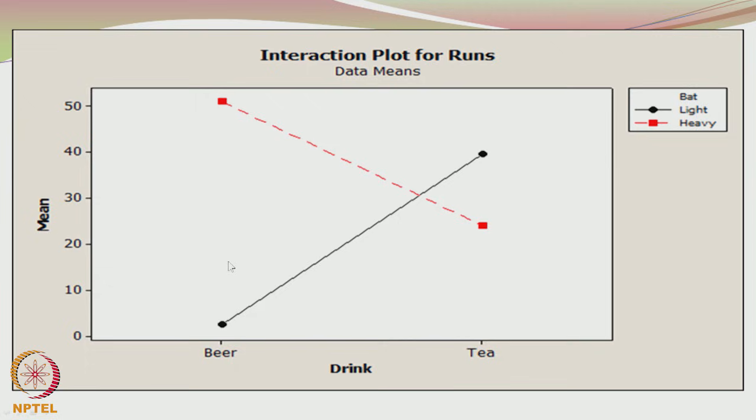Now, this is very interesting. When a batsman is going from beer to tea, the performance is increasing when he is using a light bat, but when he is using a heavy bat, the combination of beer and heavy bat leads to better performance than the combination of heavy bat and tea.